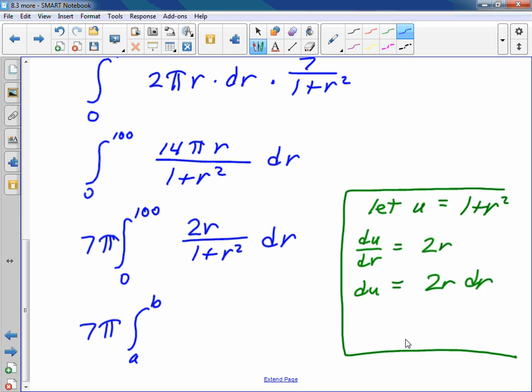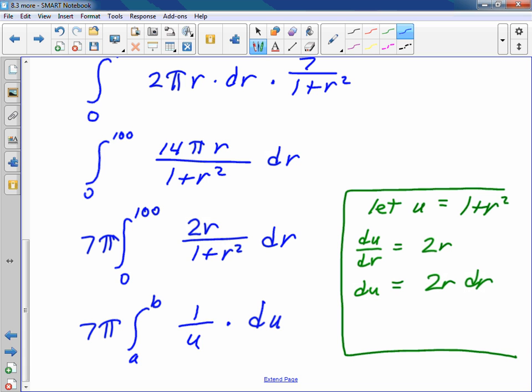And now let's go u. What do you got? 1 over u, isn't it? 1 over u times, and then it says we've got 2r dr. That's right. So what can I write here? du, which is what we want. 1 over u du.